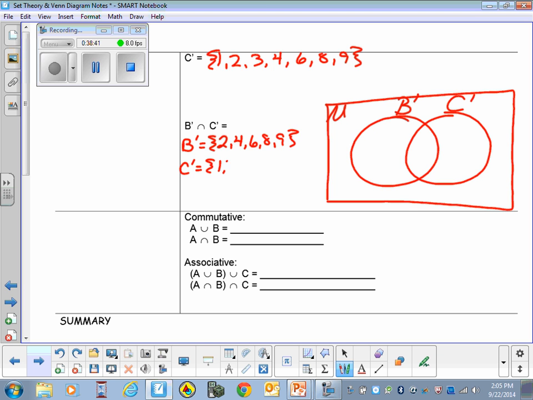And the complement of C was 1, 2, 3, 4, 6, 8, 9. Okay, my intersection. 2, 4, 6, 8, 9.